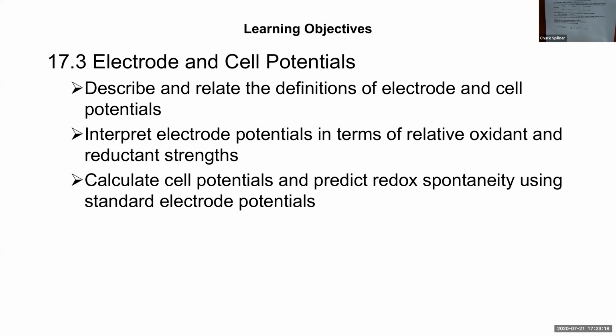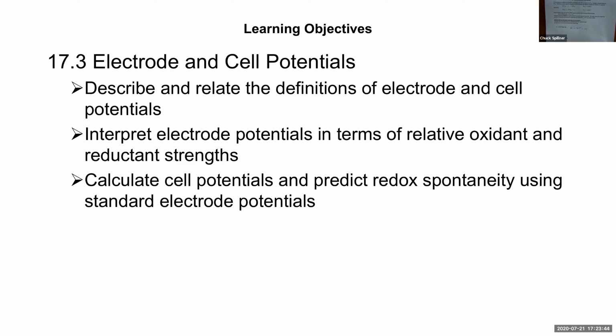When we looked at galvanic cells last time, we said we'd set up a galvanic cell by separating the half reactions into each side of the cell. Well, we're going to learn about the potential and potential energy in each of those in this unit. And then we're going to calculate cell potentials for cell reactions.